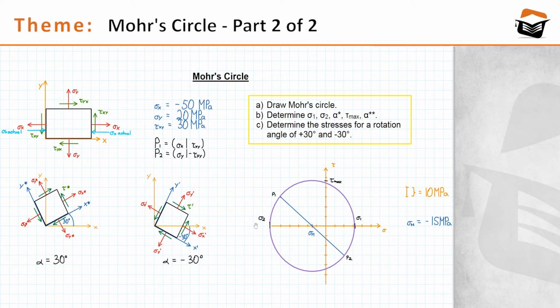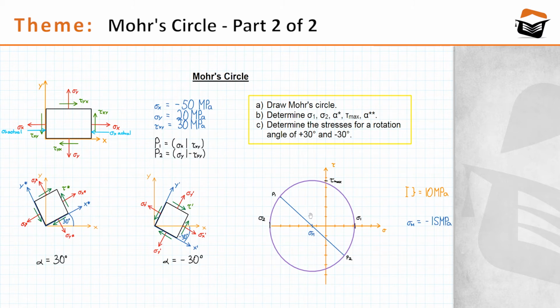So how do we find the magnitudes of the stresses in the rotated coordinate systems with the help of Mohr's circle? First of all, as you know from the previous video, measured angles in Mohr's circle typically give you 2 times alpha, or 2 times whatever the symbol you use for the angle. Having this in mind, you need to draw a line that encloses an angle of 2 alpha between that drawn line and the existing line connecting P1 and P2.